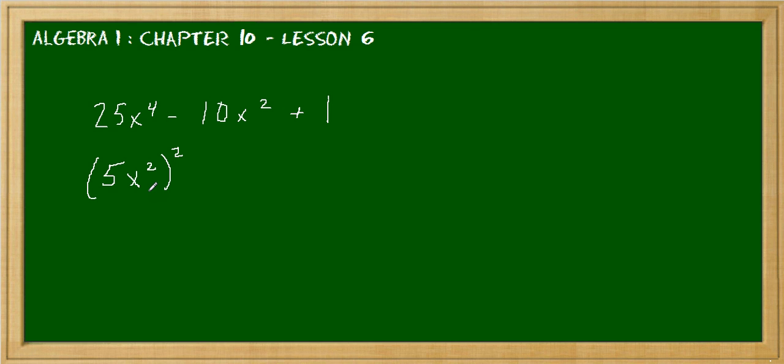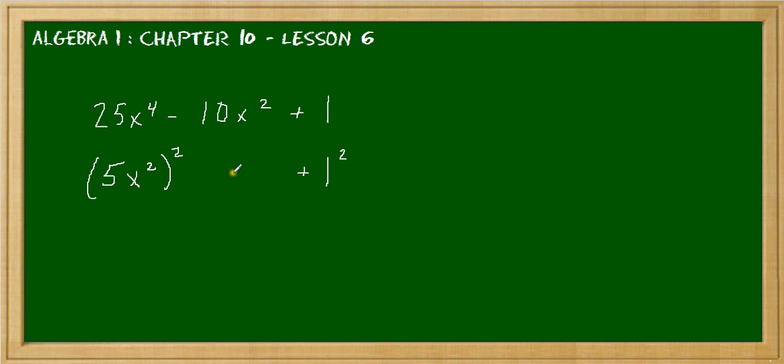Now, the last term is 1, and that's really the easiest one, because 1 squared as many times as you like will always be equal to 1. So we can write this as 1 squared, and I will do so here only so that you can see that there are 2 squares on the ends.